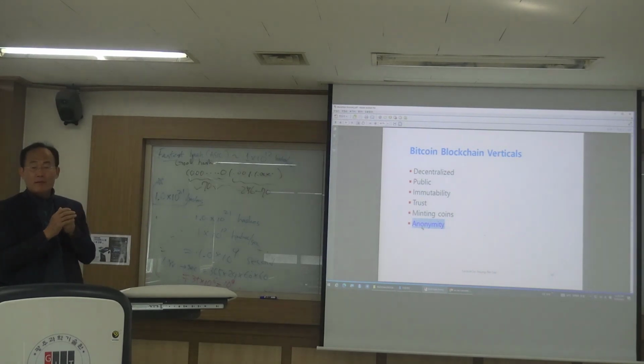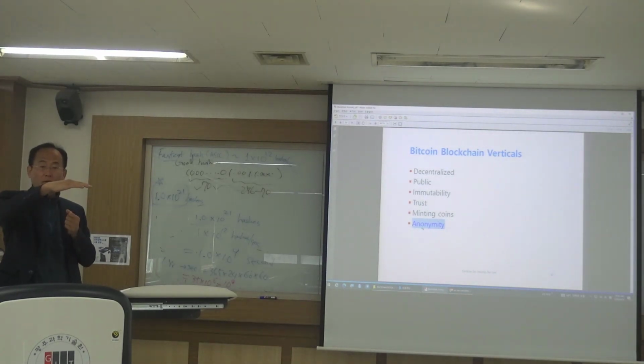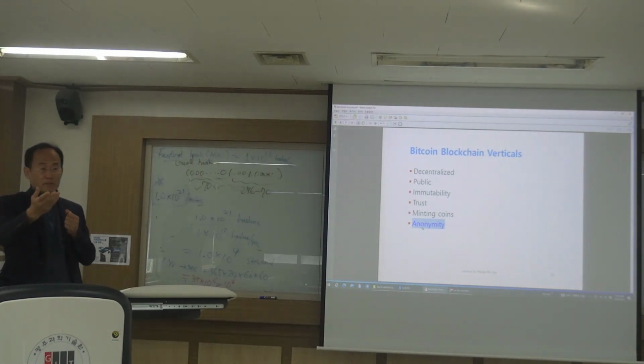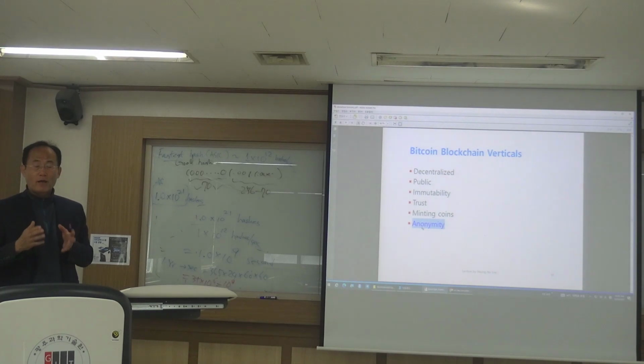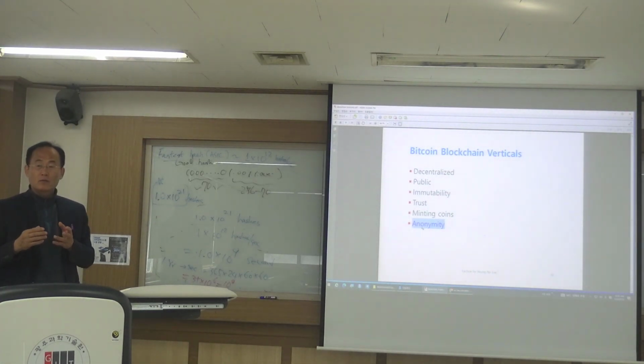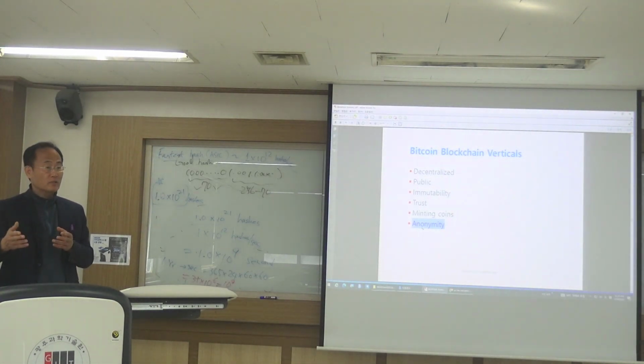For example, I can make thousands of different public keys, right? I can use them. Actually, Satoshi Nakamoto recommends, in order to have higher security for your transactions, that you create a new private key, public key pair for each transaction.